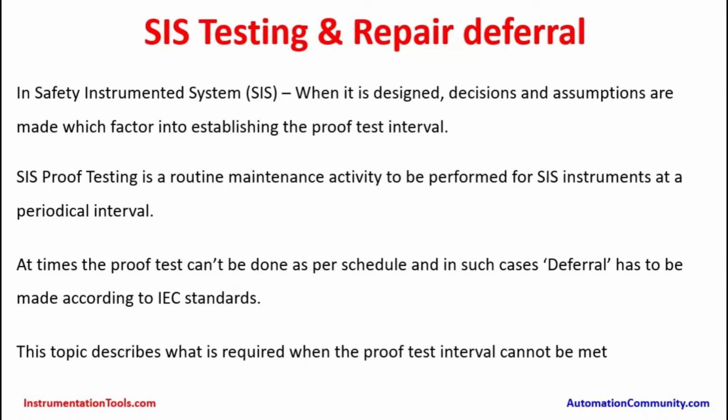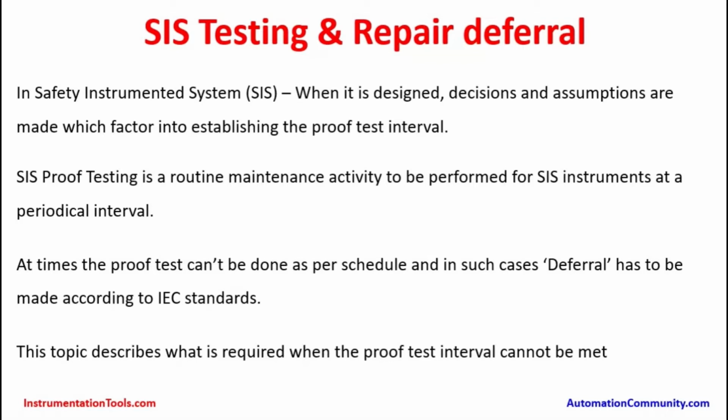For the safety instrumented system, the proof testing interval is arrived at by making different calculations, which have been seen in the earlier presentations, and also as per international norms and IEC standards. The proof testing has to be done.